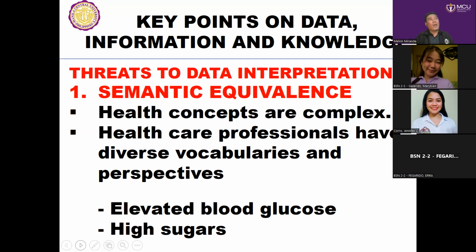Another one, hypertension. You are aware of hypertension, right? Technically, as health professionals, you are aware of the diastolic and the systolic so that it could be identified as hypertension.